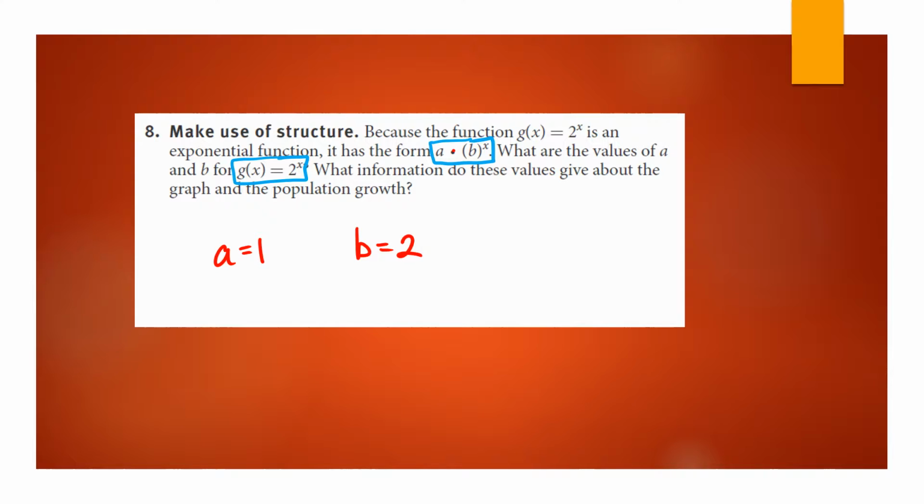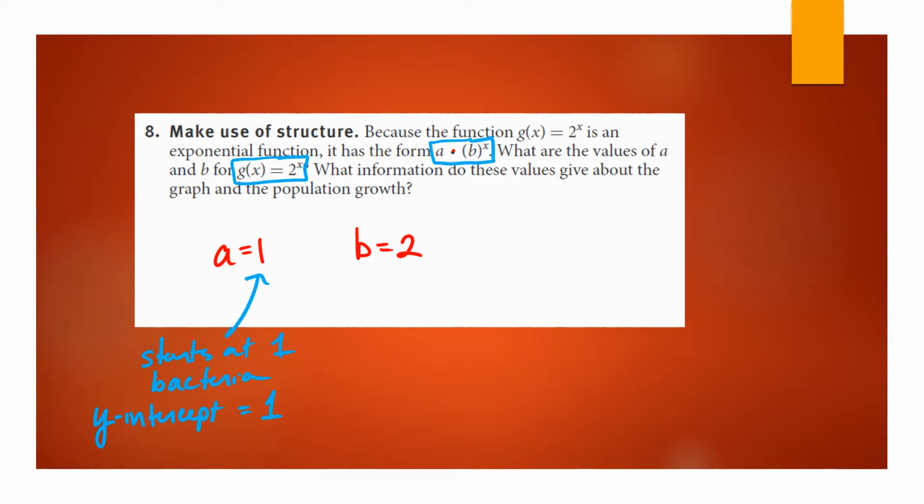What information do these values give about the graph and the population growth? So this tells you that the graph starts at 1 bacteria, right? And that would be the y-intercept. So the y-intercept equals 1. So at 0 hours, when you first start, there's 1 bacteria.